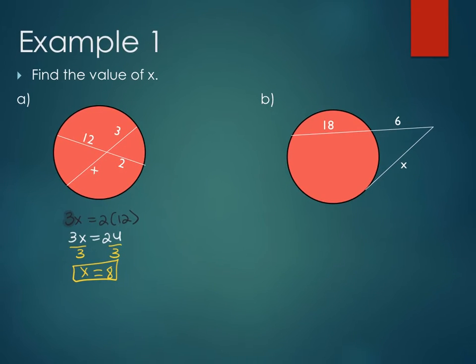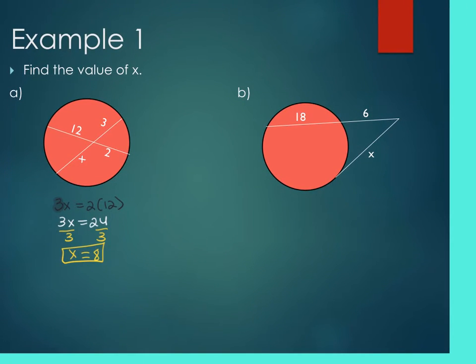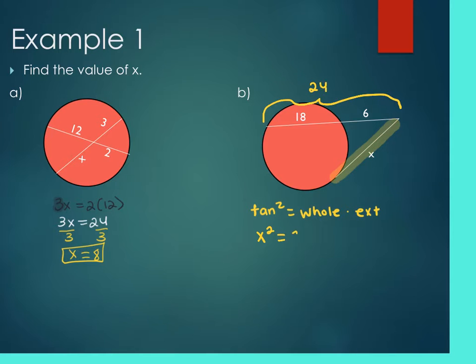Now, if you look at B, this is a tangent and a secant segment. So remember that the tangent squared equals the whole times the external part. So the tangent squared here is your X. X squared equals the whole segment, 18 plus 6, or 24, times the external part, which is just the 6.